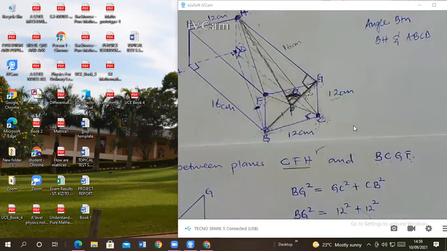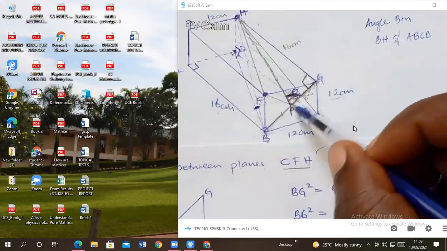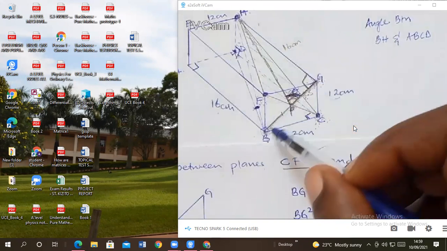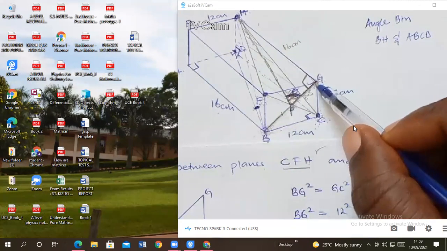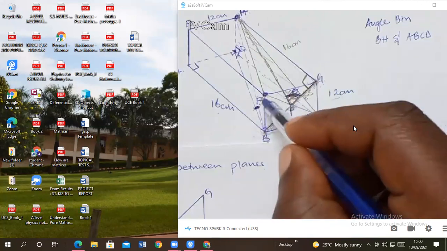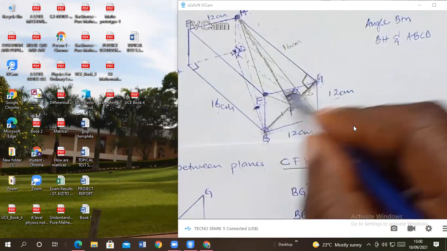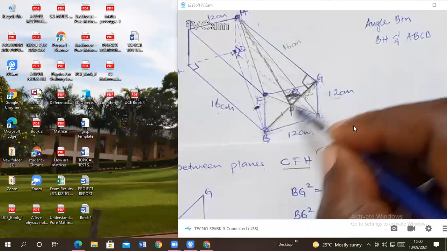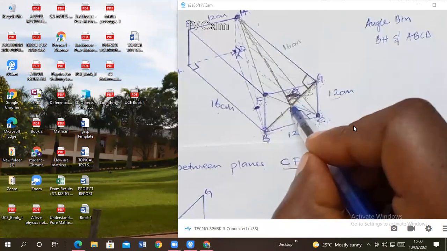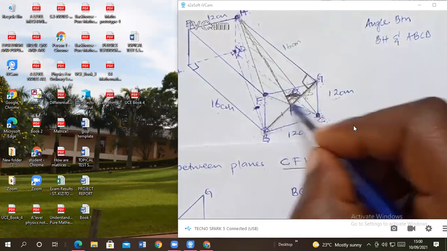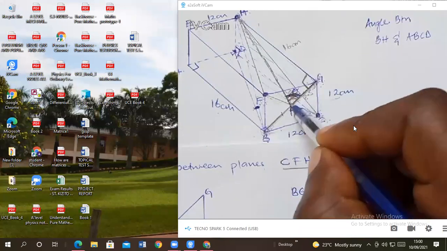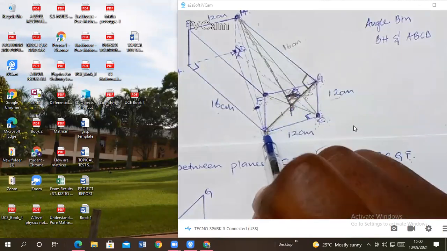But you should know that the line PG is half of big, isn't it? Because this is a square. So if we have diagonals that meet at this point, that means that the diagonal is cut in two at the center, this side is half and also this side is a half.